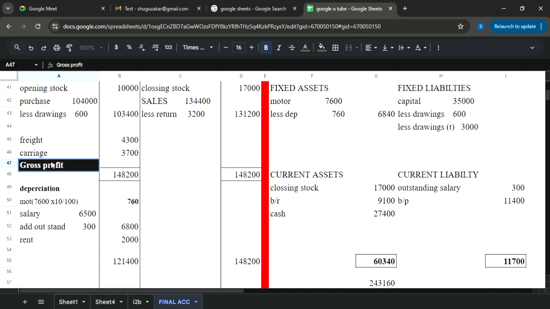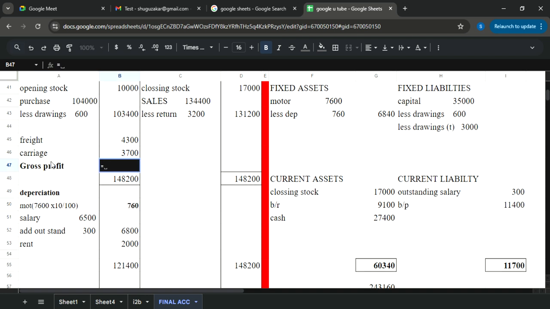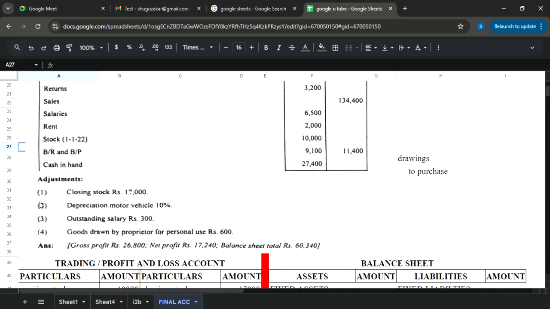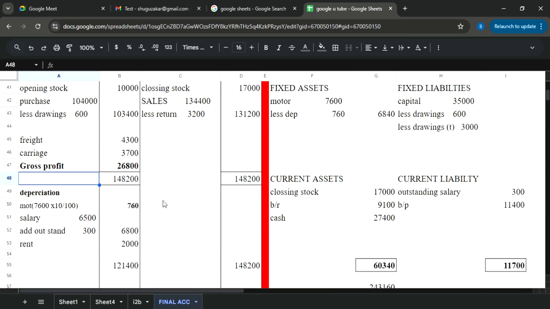How would you calculate? You will subtract the smaller amount from the larger amount. 148,200 is the larger amount. 121,400 is the smaller amount. So we have got our first answer. You can see gross profit is 26800.